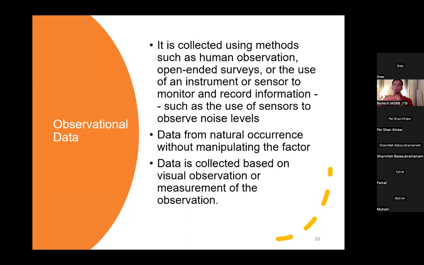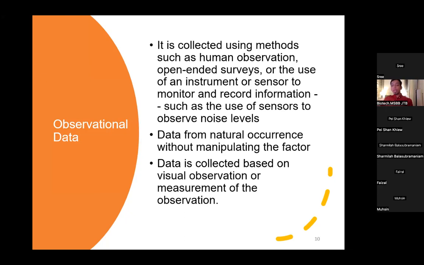So you do the observation, so you can get the observational data, right? Open-ended survey or the use of an instrument or sensor to monitor and record information. For example, you have the gas analyzer. That gas analyzer you put at the car exhaust, right? Car exhaust.